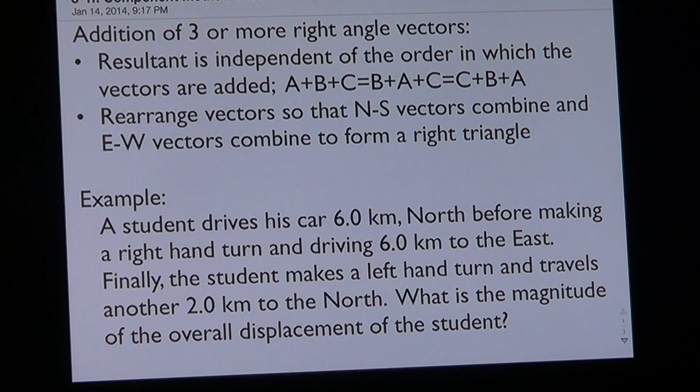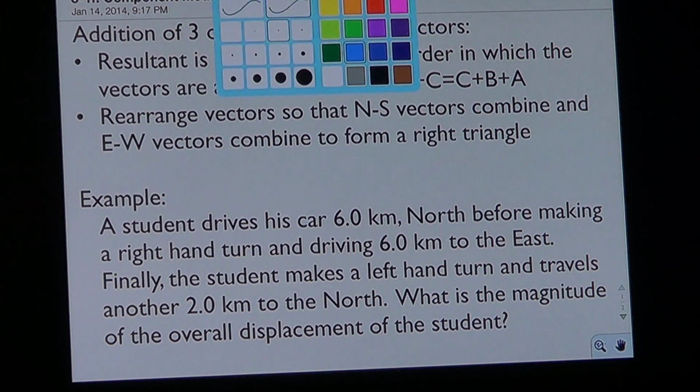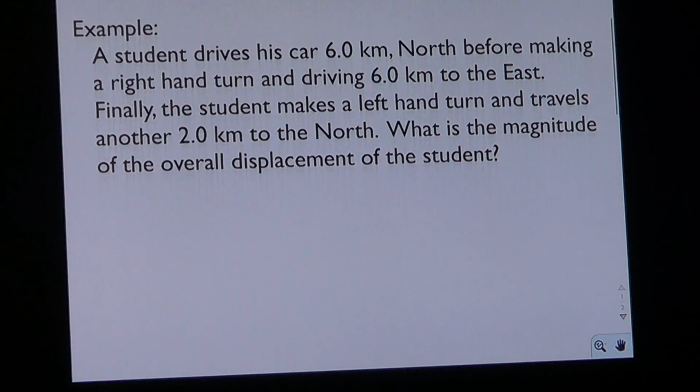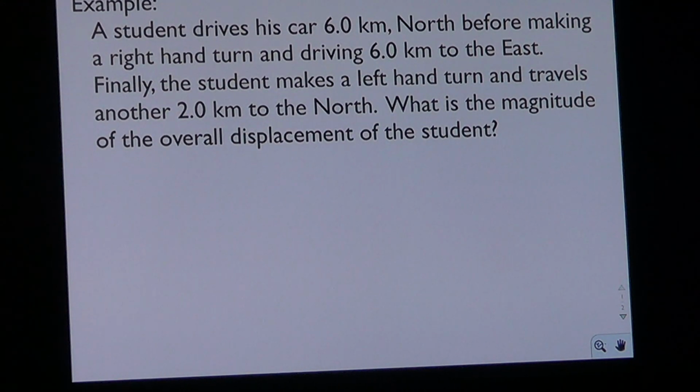So, let's do this example together. A student drives his car 6 kilometers north before making a right-hand turn and driving 6 kilometers to the east. Finally, they make a left-hand turn and travel another 2 kilometers to the north. What is the magnitude of the overall displacement of the student?